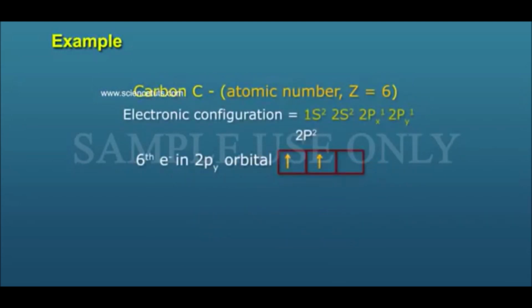Carbon, C, atomic number Z is equal to 6. Electronic configuration is 1s2, 2s2, 2px1, 2py1. The 6th electron enters the 2py orbital.